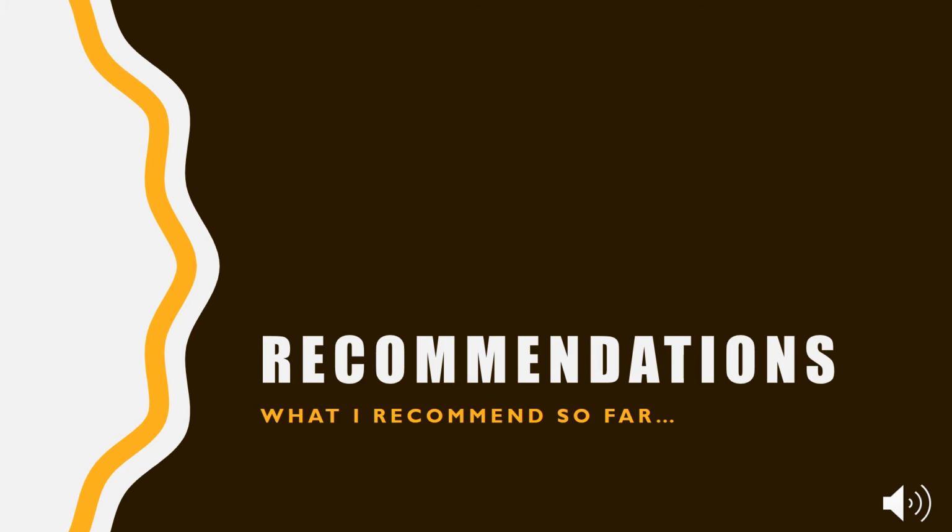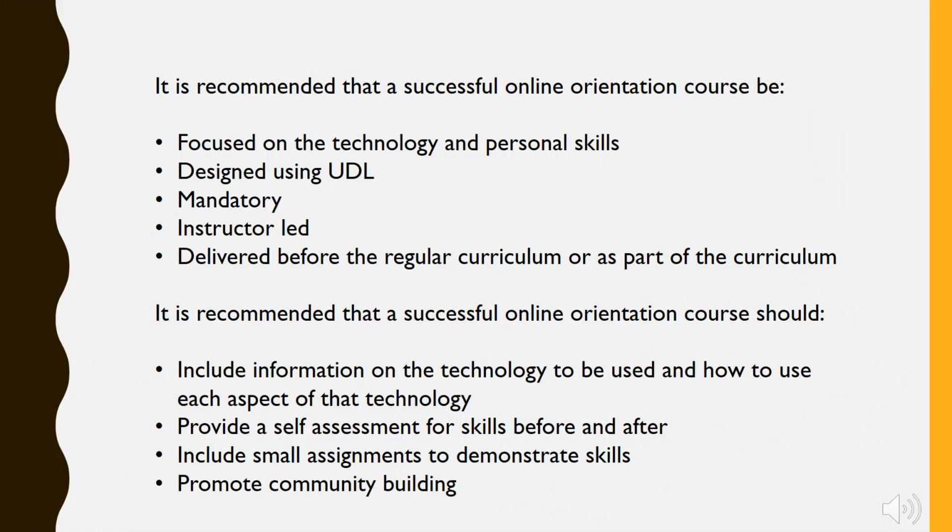So based on what I found and what I know from what I've done in my own practice, these are the things that I've decided is what I recommend so far. It is recommended that a successful orientation course be focused on the technology and personal skills, be designed using universal design, be mandatory, be instructor-led, and delivered before the regular curriculum starts or as the beginning part of the curriculum.